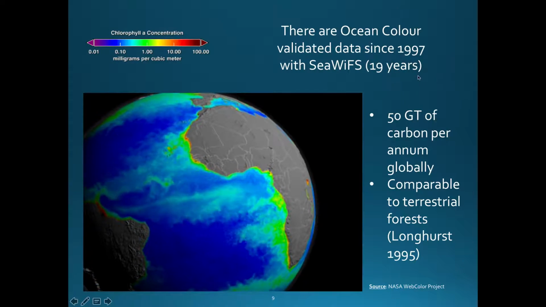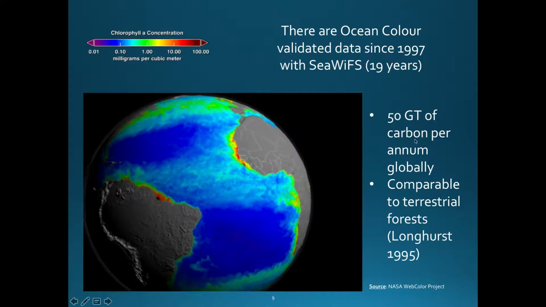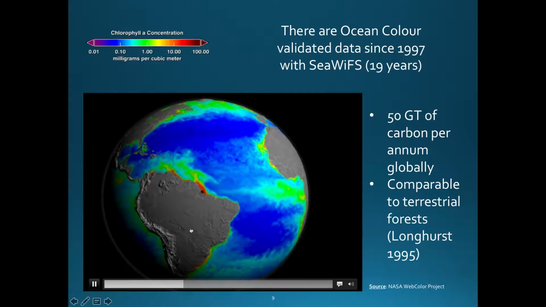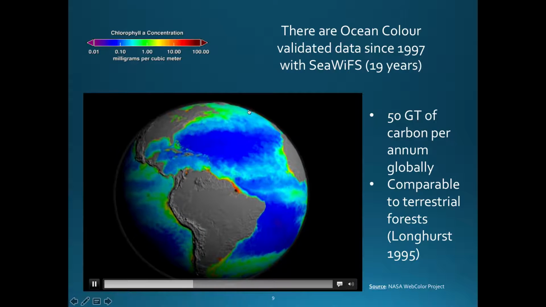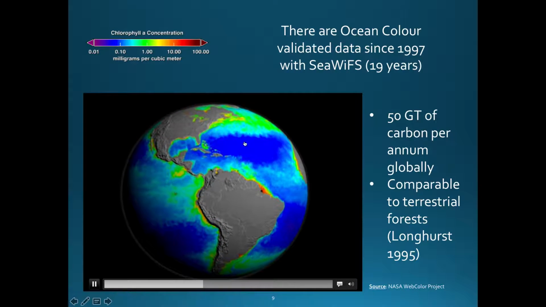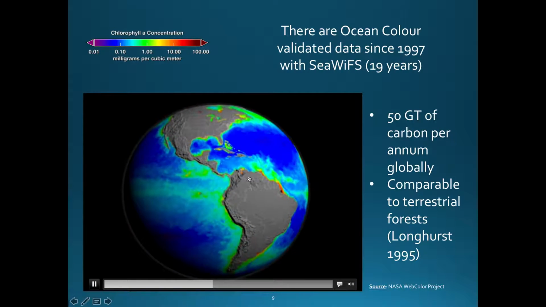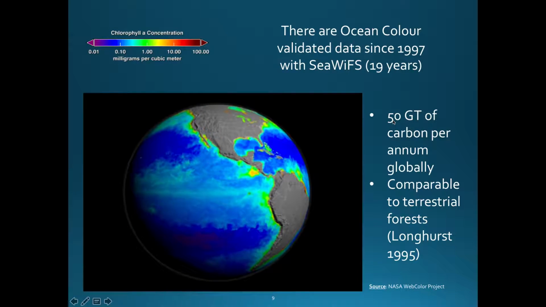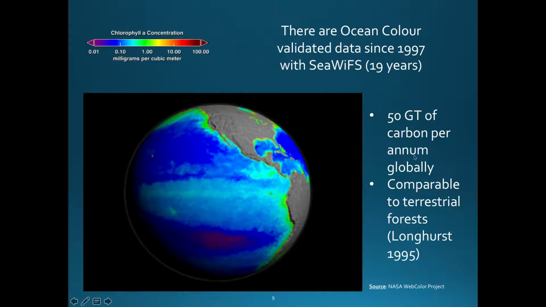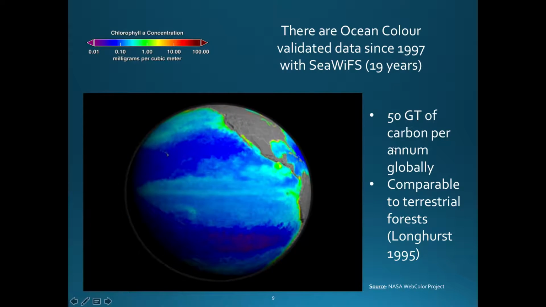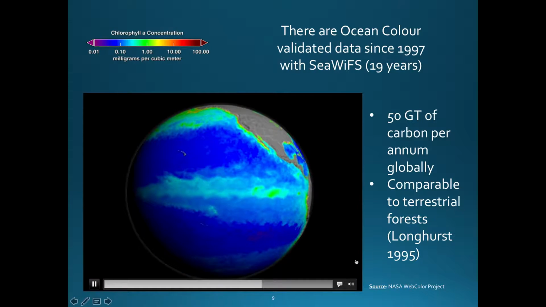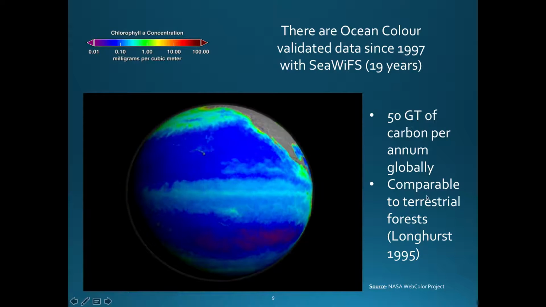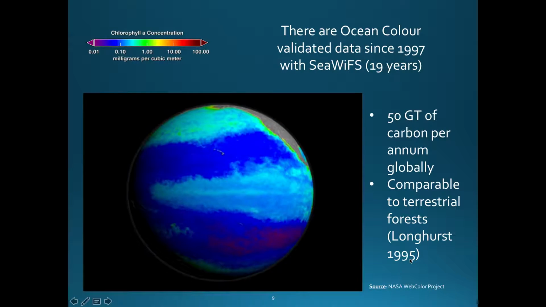And so we have 19 years of operational data, and we can understand how these algae are growing, what all the dynamics are, and it's very important to understand that they absorb 50 gigatons of carbon per annum globally. So they absorb as much as terrestrial forests in 1 year.